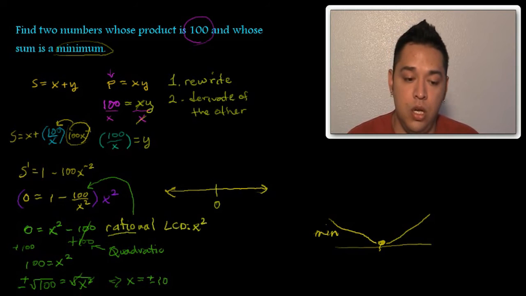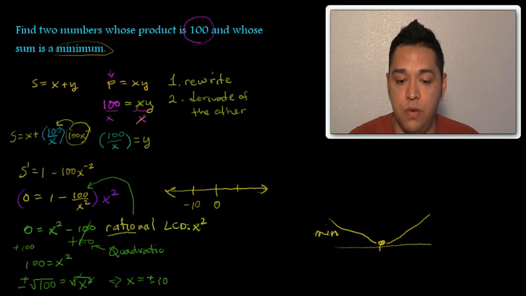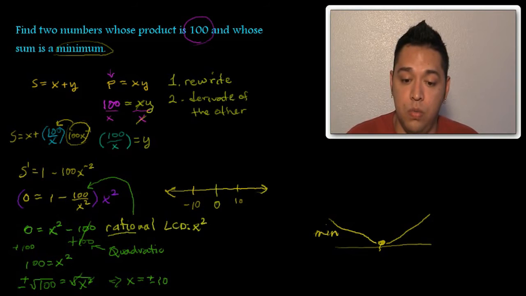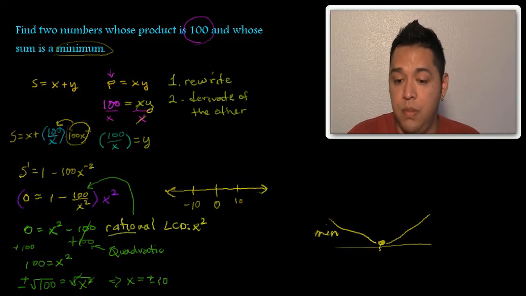So those are going to be my two other critical points. I'm going to have negative 10 somewhere over here and positive 10 over here. Those are our critical points. And again, we want a decreasing slope and then a positive slope to see if it's a minimum.